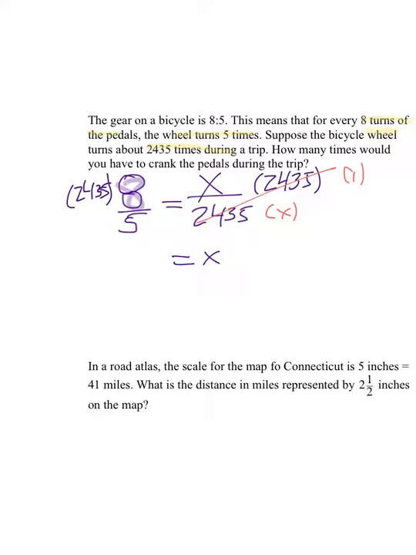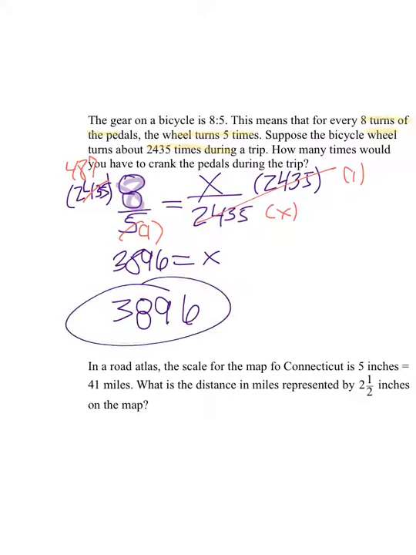That'll give me 487. If we take 487 times 8 then, we get an answer of 3896. And so that's our answer. The question says, how many times would you have to crank the pedals during the trip? 3,896 times.